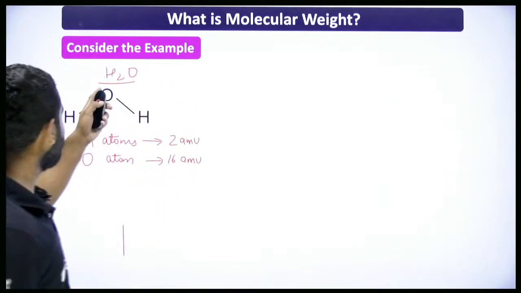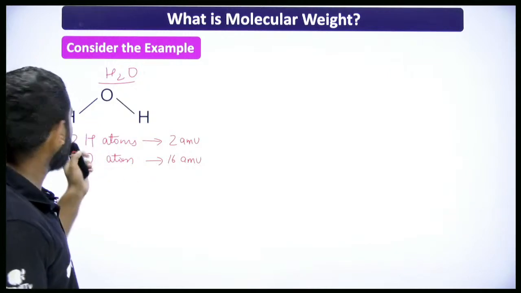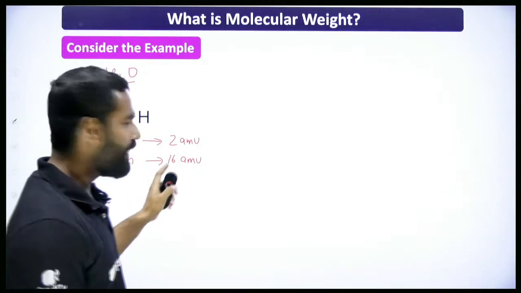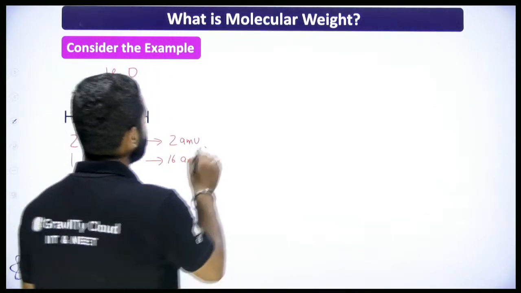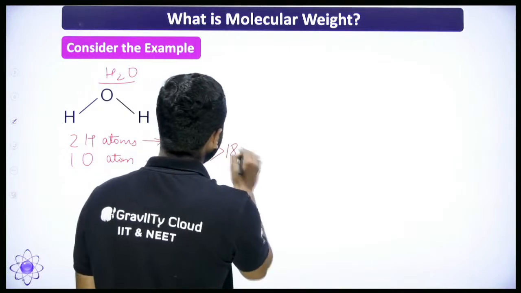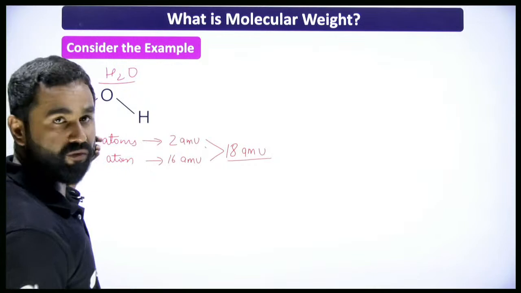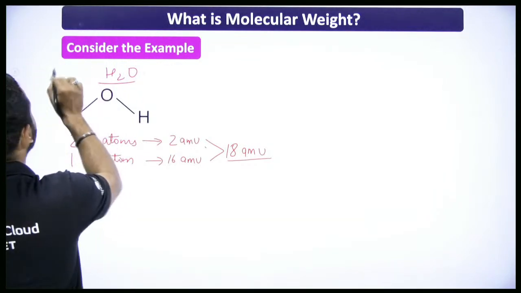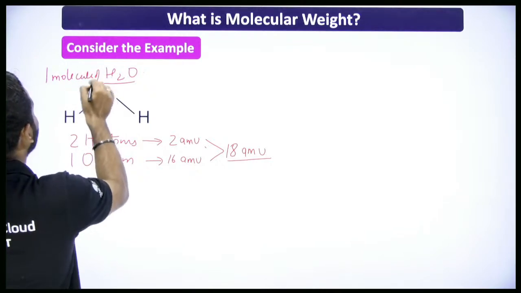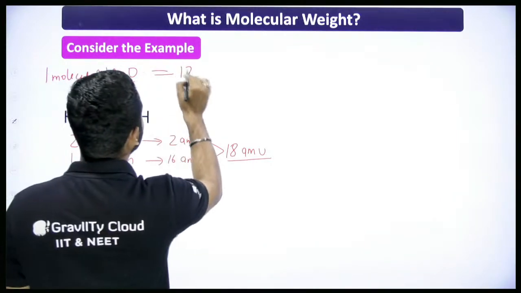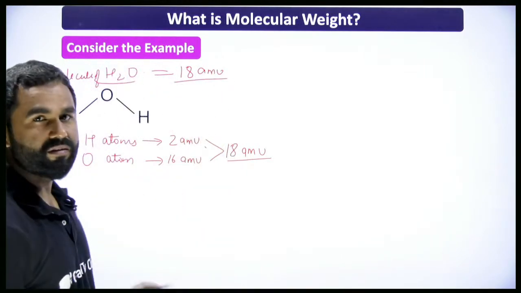So what is the total mass of this molecule? It will be 18 AMU. So one molecule of H2O has mass equal to 18 AMU. Simple.